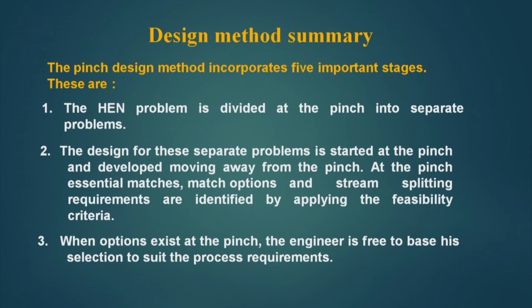At the pinch, essential matches, match options and stream splitting requirements are identified by applying the feasibility criteria. When options exist at the pinch, the engineer is free to base his selections to suit the process requirements. We have seen that there are many options that exist at the pinch.